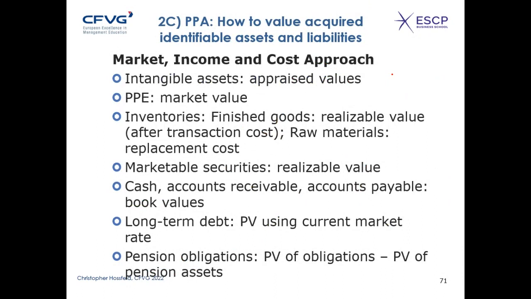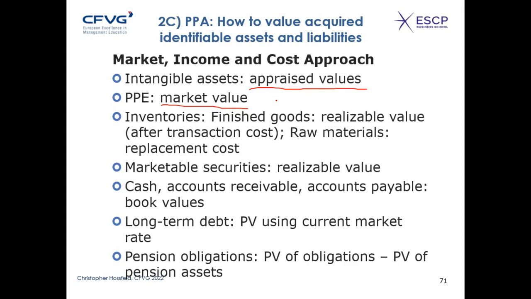And here are some methods for how we do this fair valuing. So for example, for intangible assets, I use estimated or appraised values. For property, plant, and equipment, I may use market values for used equipment. I use a different method for finished goods: how much can I sell them for. For raw materials, the fair value would be how much it costs to replace them.